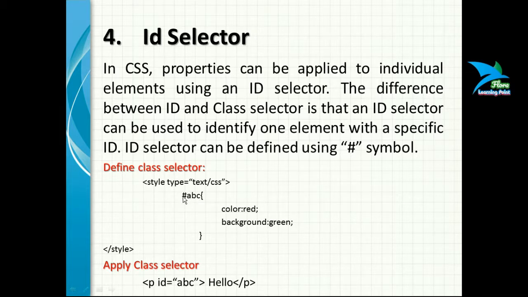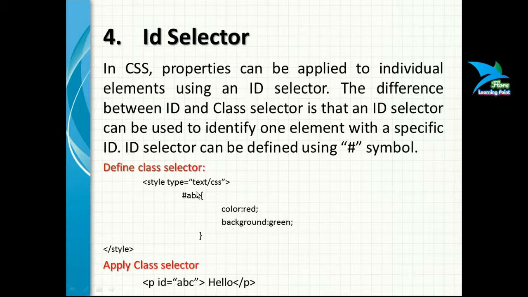You have to replace that dot with the hash symbol, and in the tag you have to replace the class attribute with id. Instead of the class keyword as an attribute, you specify id. In this way we can use the id selector the same way we use the class selector. But the only difference is that an id is used to maintain the uniqueness of an attribute.